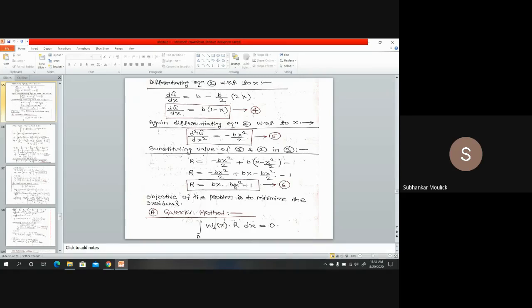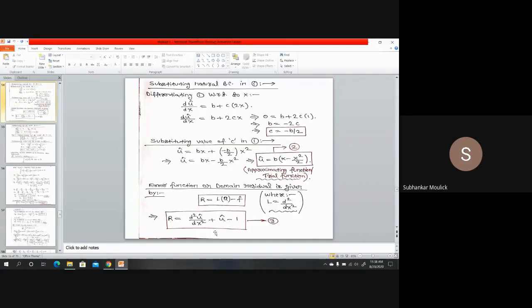The value of equation number 6 we will put in place of R. And what is my weighted function? I have told you in the very first class, when I was discussing the Galerkin method, that the weighted function is nothing but the assumed trial function or the trial solution.